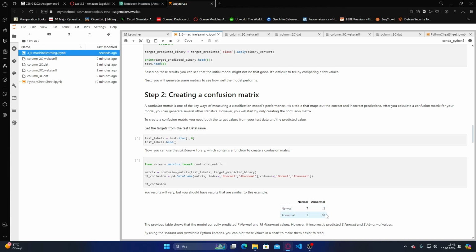This is the whole abnormals, this is the whole normals, and so this is the true positives, this is false positives, false negatives, and true negatives.